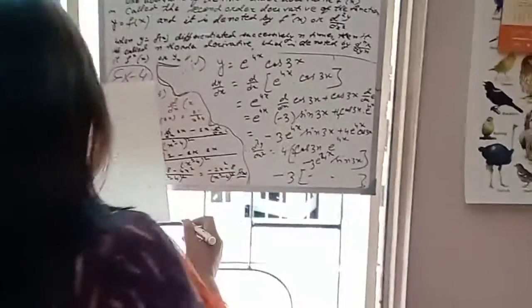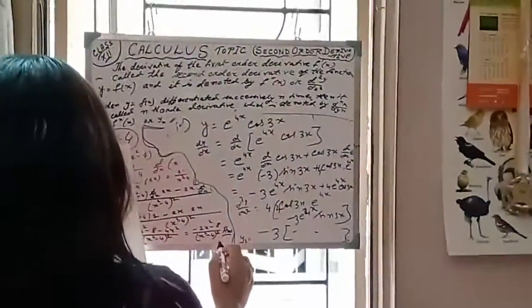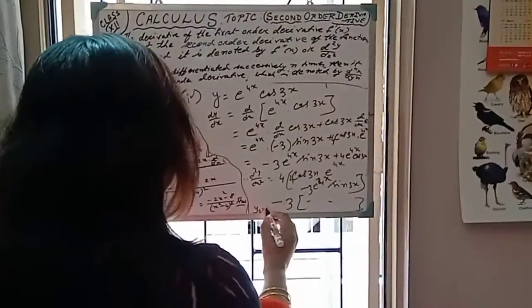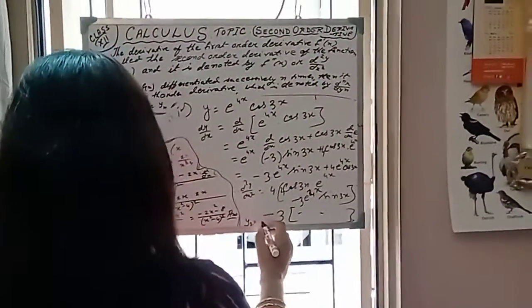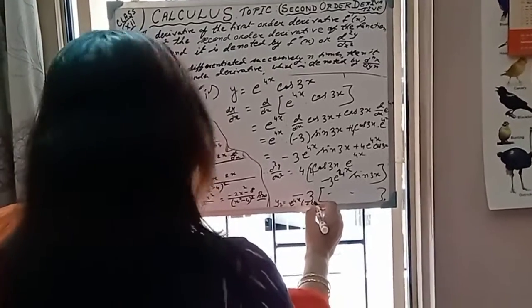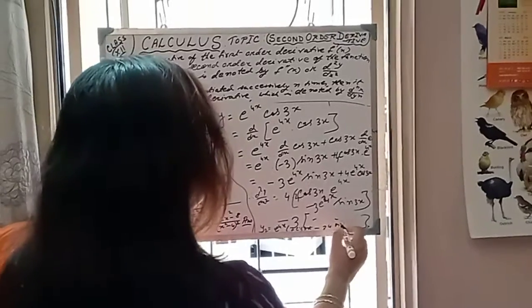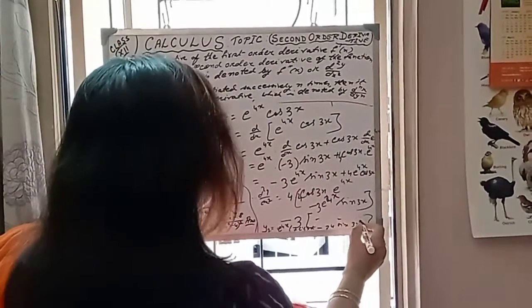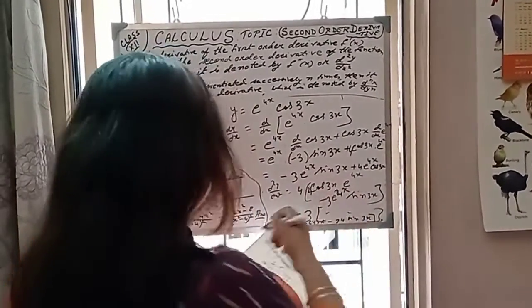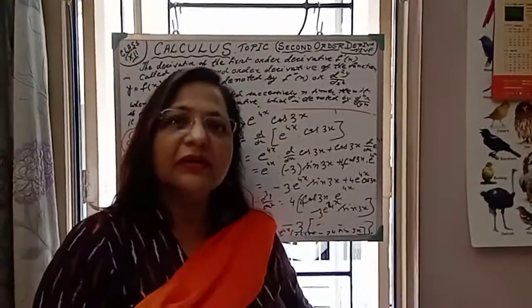Afterwards only we will find the answer. We will get e to the power 4x into 7 cos 3x minus 24 sin 3x. No space is there, so this part you will do on your own. Otherwise you will get the PDF also. Okay, coming with the next video.